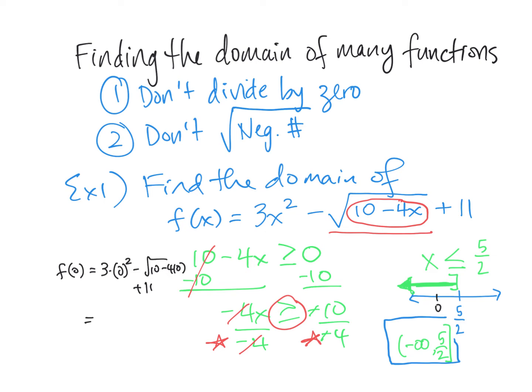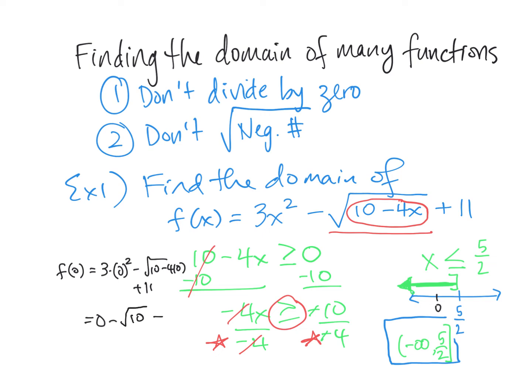I'm going to do some mental math just for space. So I'm going to do all of this in my head. 0 squared is 0. 0 times 3 is 0. So that is 0 minus 4 times 0 is 0. 10 minus 0 is 10, so I have the square root of 10. And because I'm good at math, I know that the square root of 10 doesn't simplify.